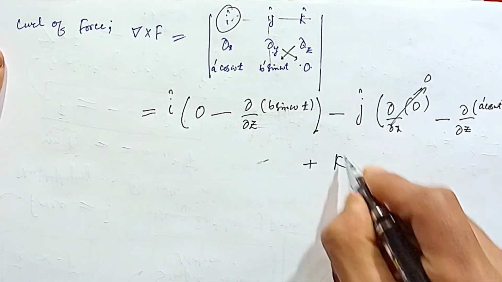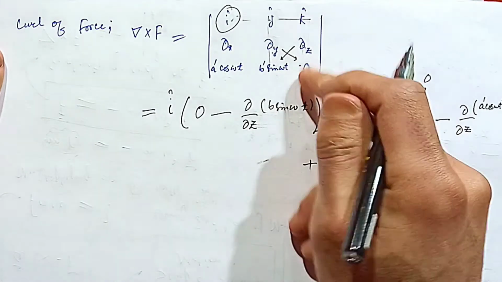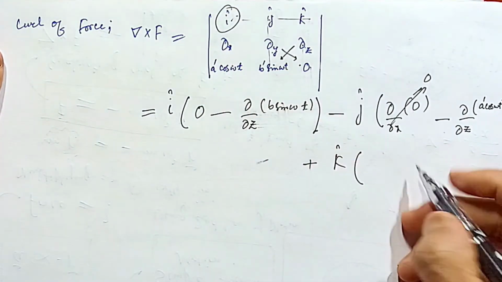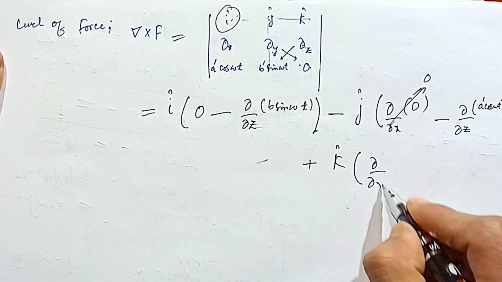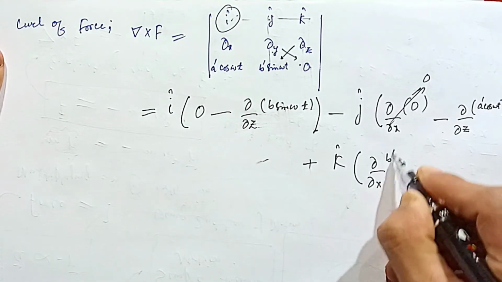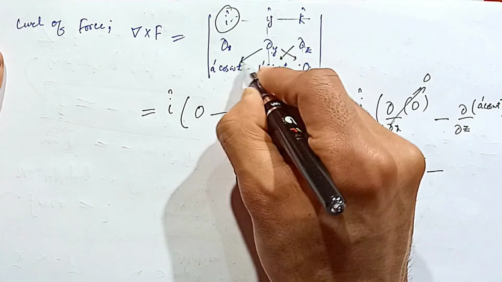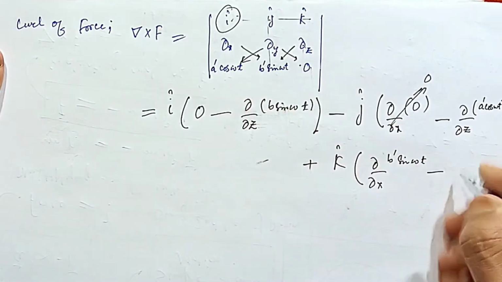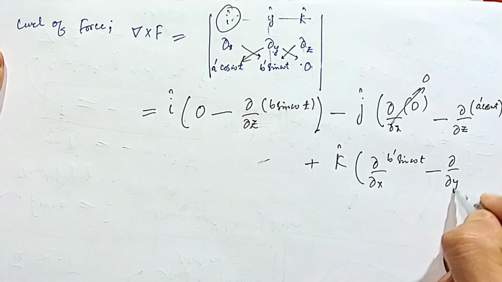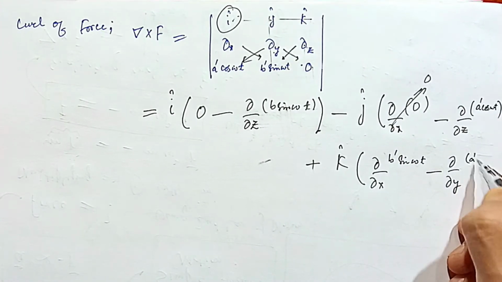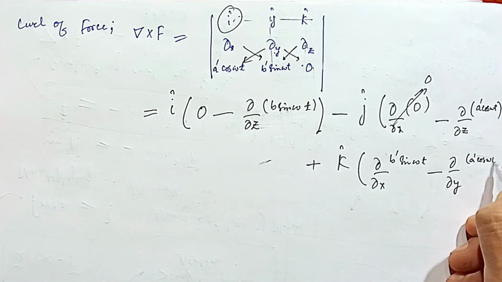Similarly with the k term, deleting its row and column, we get partial by partial x of b prime sine omega t, minus partial by partial y of a prime cosine omega t.